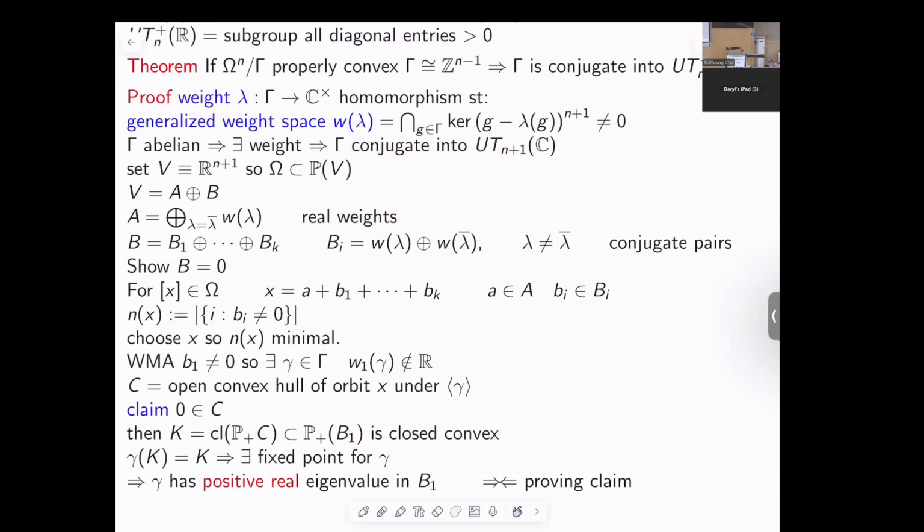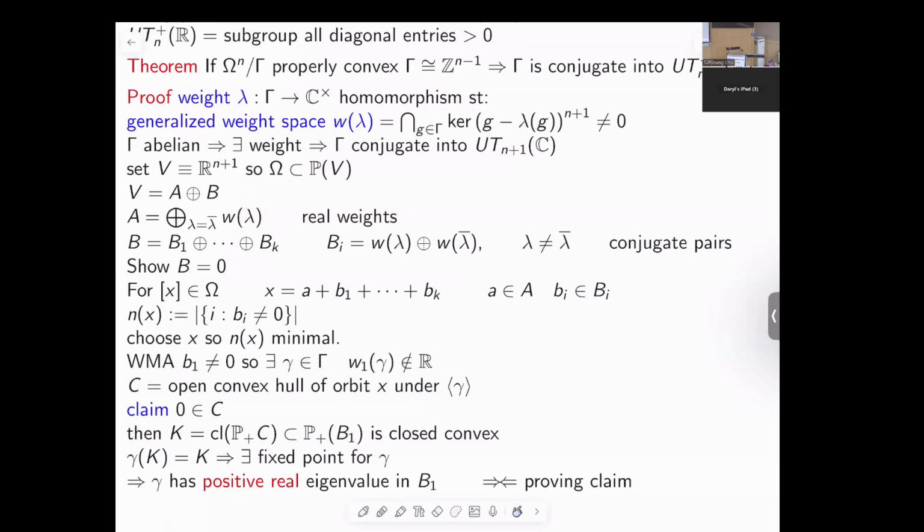It's some complex number. This vector lies in this vector space B1, and this vector space B1 is invariant under the action of gamma. So we can take the orbit of this vector in B1 and take its convex hull. And so that's some convex set in B1. And the claim is that the zero vector is in that convex hull.